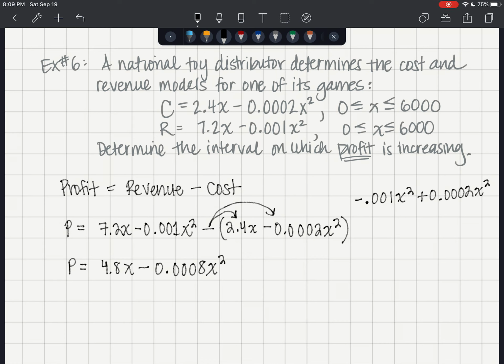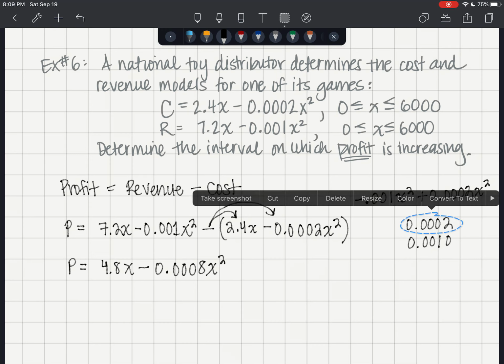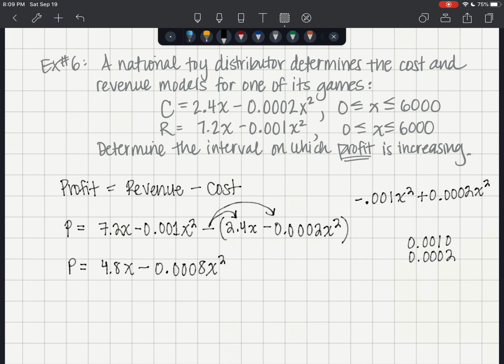You can use your calculator if you want, or you can just say 0.0002, 0.001, and then put a 0 behind it. Now we're going to have to subtract. So this is smaller, and that's where your 0.0008 is coming from. And it's negative because this is negative, right? Or you can just use your calculator. You're good because we're doing calculus.